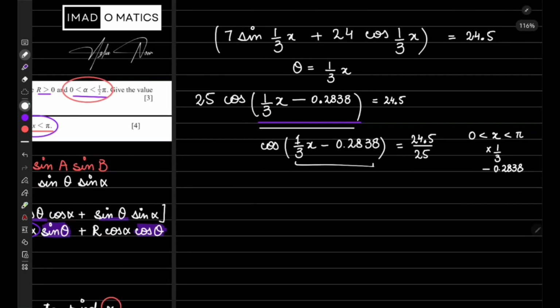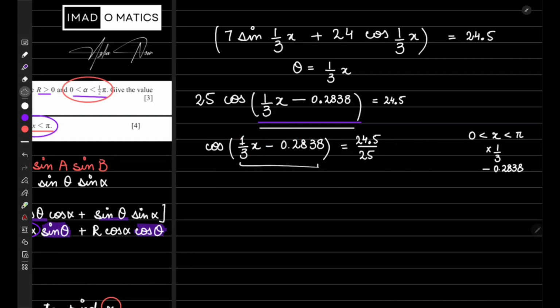So making this more obvious, it would be 1 over 3x minus 0.2838. When you multiply by 1 by 3 and then subtract 0.2838, 0 stays 0 and becomes minus 0.2838.